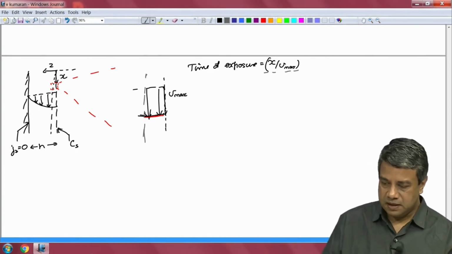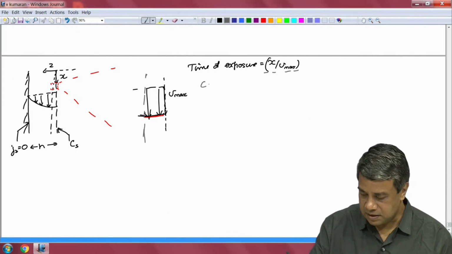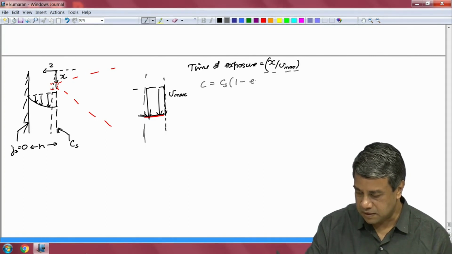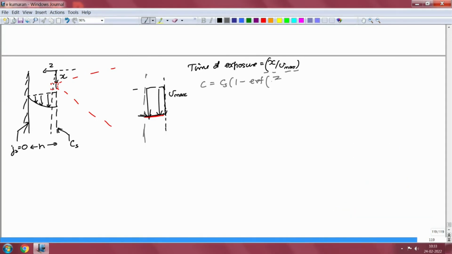And that solution is C is equal to C s into 1 minus error function of z by root D t. The concentration profile for diffusion into an infinite medium after a time t is given by this, Cs into 1 minus error function of z by root D t, with boundary condition C is equal to Cs at z is equal to 0.